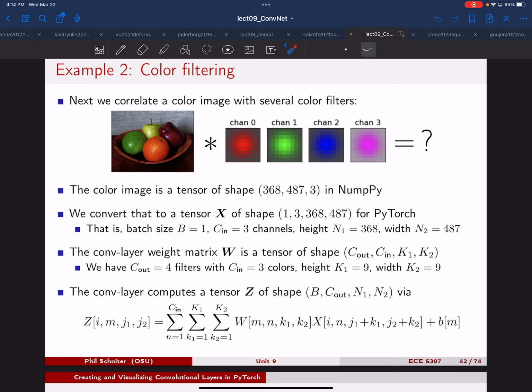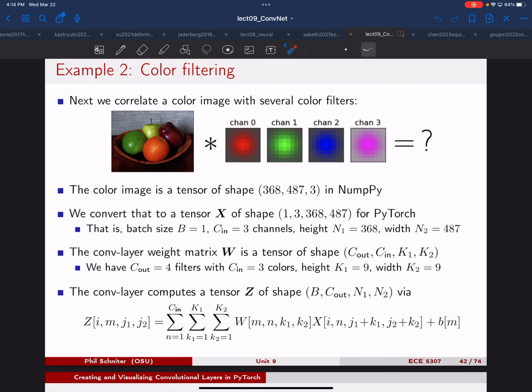Okay, and then similarly, we're going to do the same thing here, but now it's with a green filter, and so we would expect to get a grayscale image with brightness here and then darkness everywhere else. Okay, so that is indeed what we're going to get. So here you can see immediately there's three input channels, RGB, and there's 4 output channels, okay?